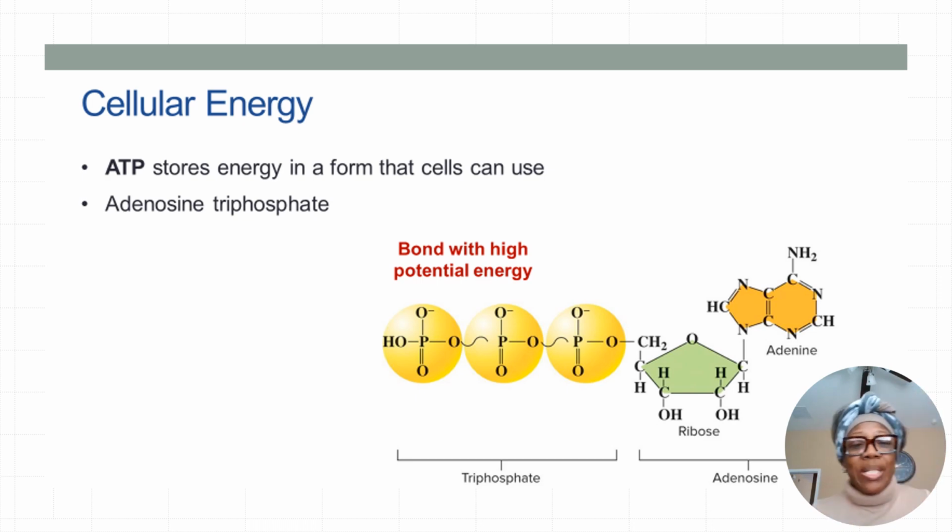ATP stands for adenosine triphosphate. And anytime you see the prefix tri, think three, so three phosphate molecules, and they are held together by chemical bonds. ATP also has a sugar called ribose, as well as a nucleotide, adenine.